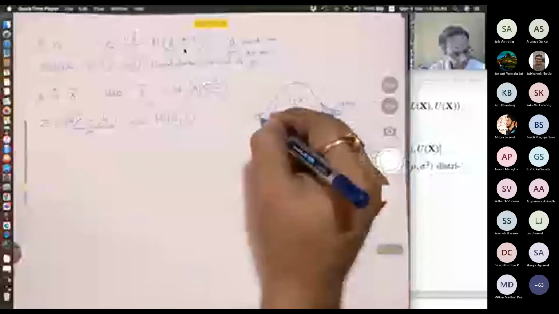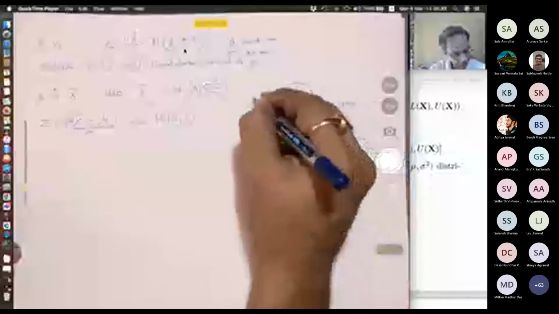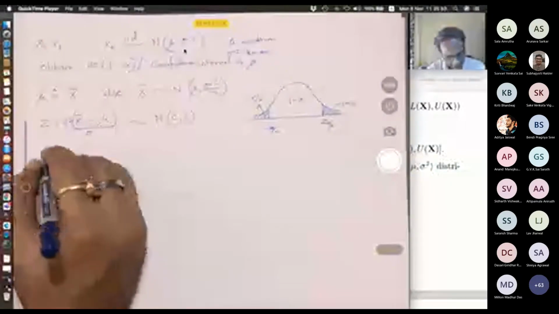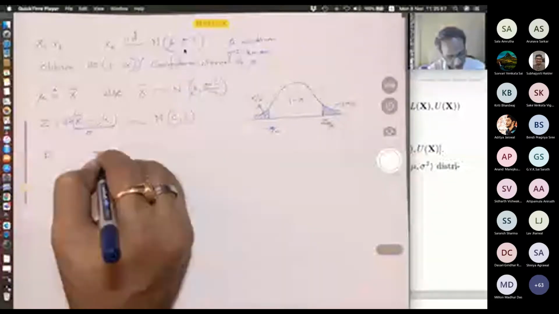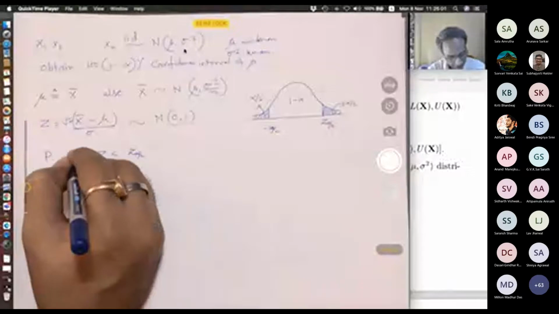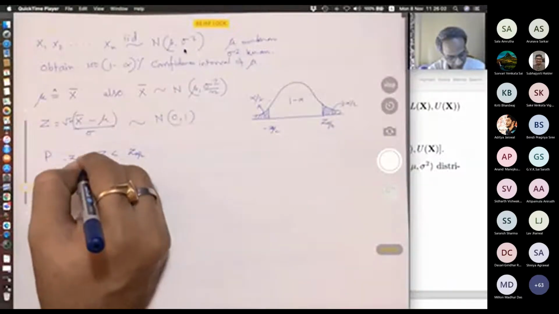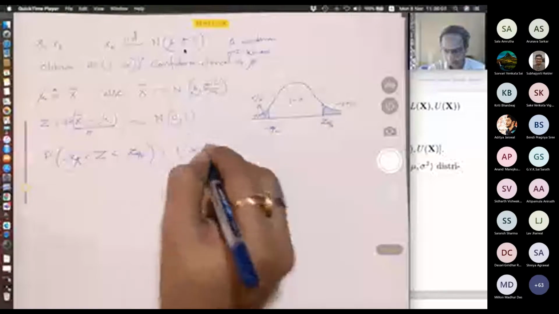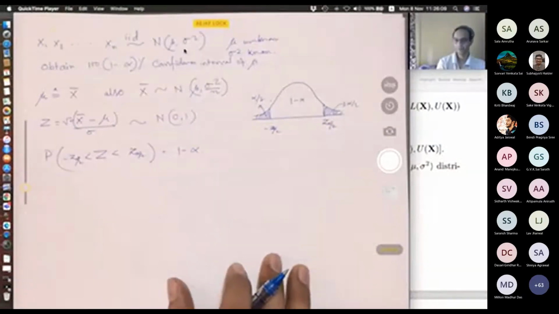This region is also alpha by 2. As simple as that. Then it is trivial that probability of minus Z alpha by 2 less than Z less than Z alpha by 2 is 1 minus alpha. I hope there is no doubt here.